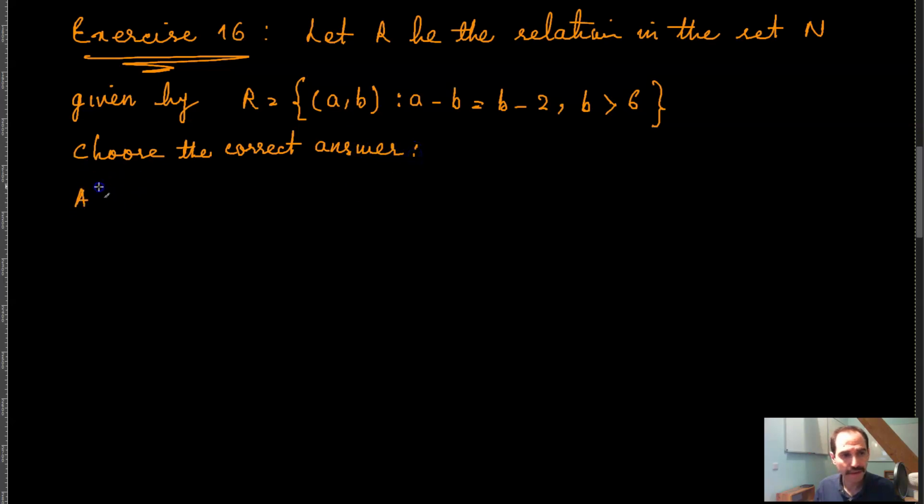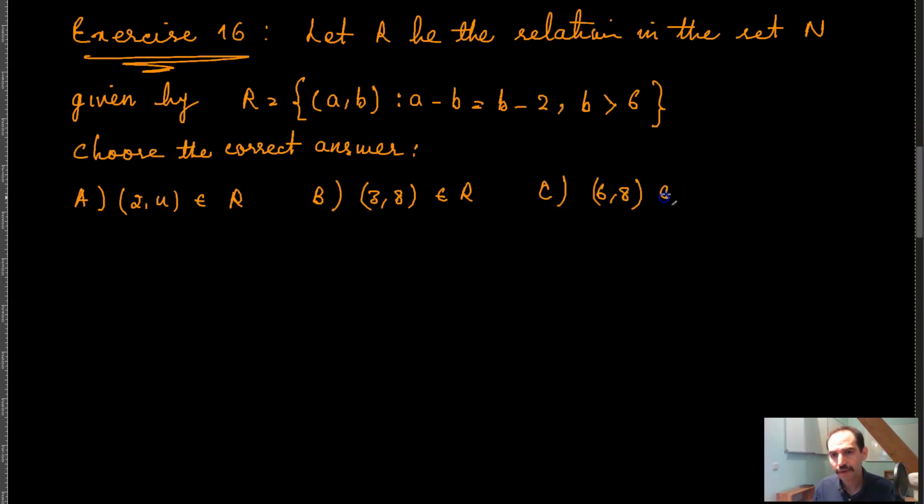Choice A is 2, 4 belongs to R. Choice B is 3, 8 belongs to R. Choice C is 6, 8 belongs to R, I suppose, right? And choice D is 8, 7 belongs to R, right?